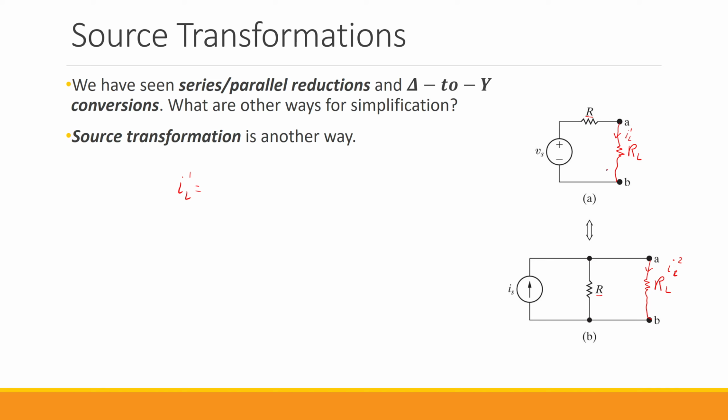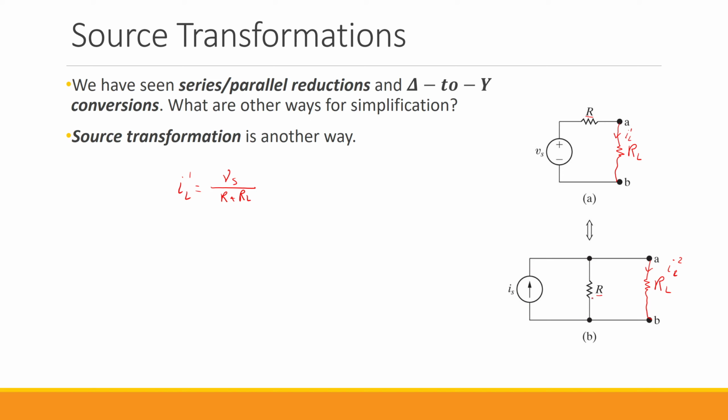Using Ohm's law, we can calculate the current as Vs divided by R plus RL. That is the current that goes through resistor RL in the first configuration. Now let's do the same for the second one.